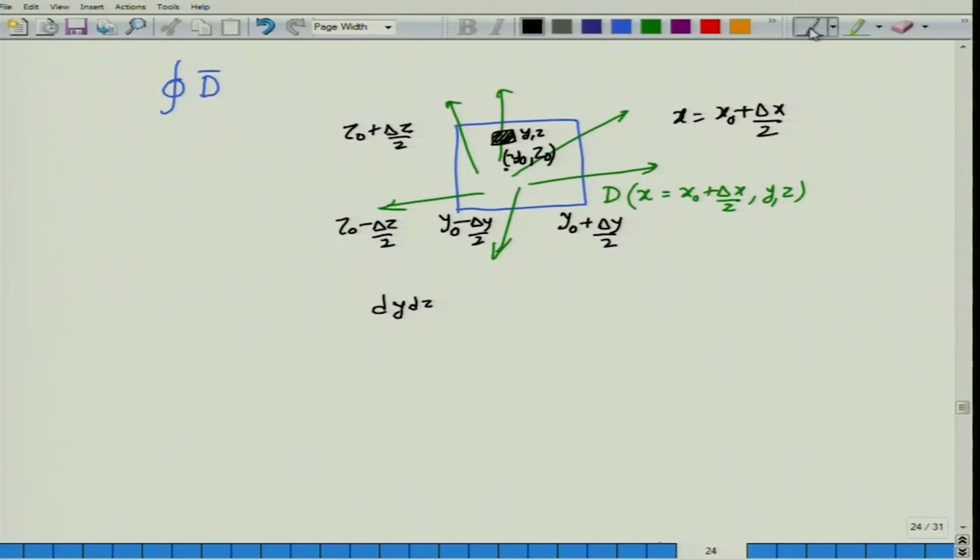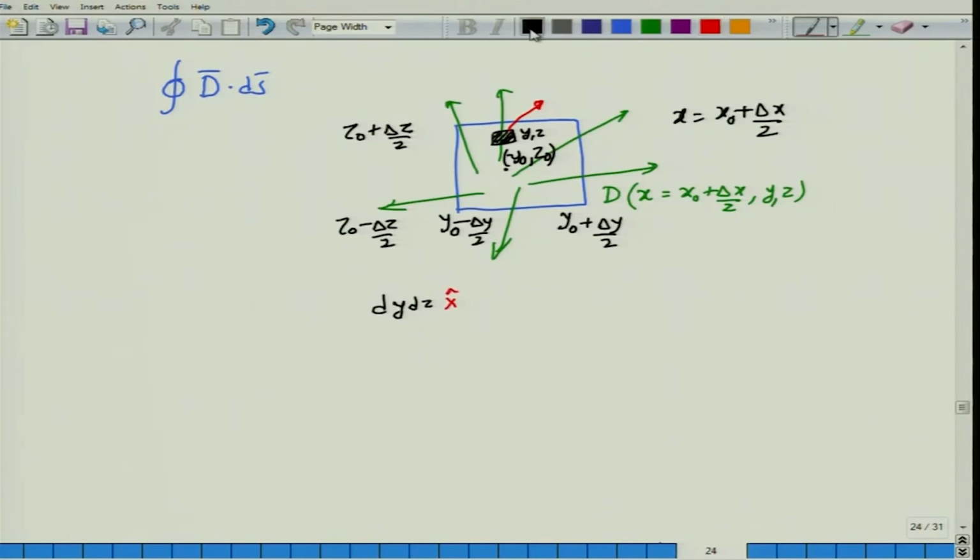The dot product means that I have to consider not any component of D, but only that component of D which is parallel to the infinitesimal surface area. For the surface area that we have considered, the corresponding vector element will be given by dy dz along the x direction.